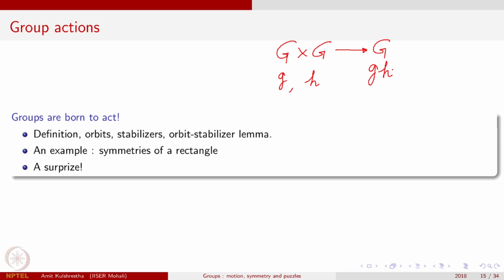And then there should be some properties. What are the properties? 1, there should exist a neutral element, identity element, which does nothing.